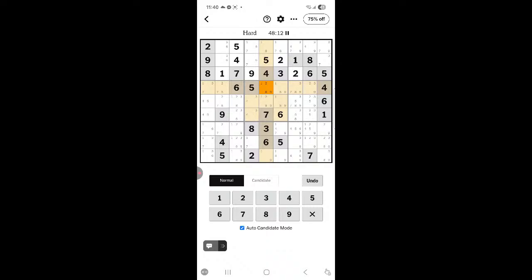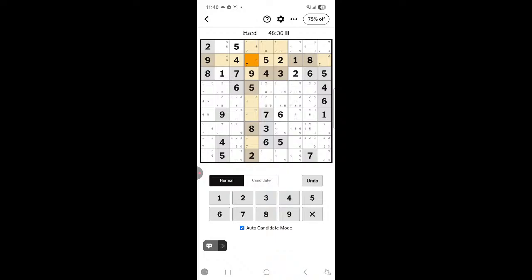If 6 must be in that row to be in the block, then 6 is guaranteed there, and 6 3 is a pair, and 3 3 is a pair. 6 3 and 7, 7 6 3.